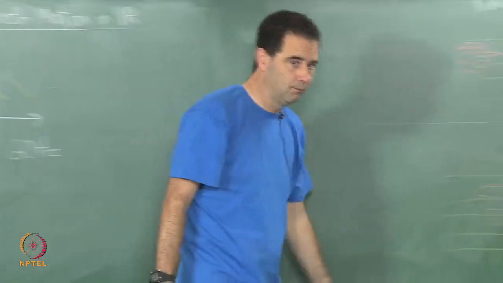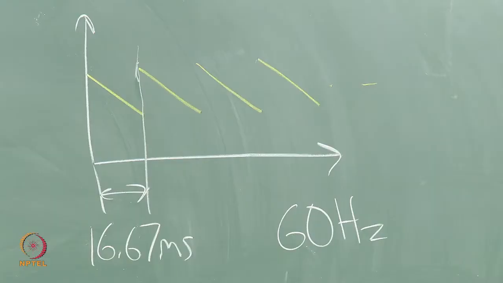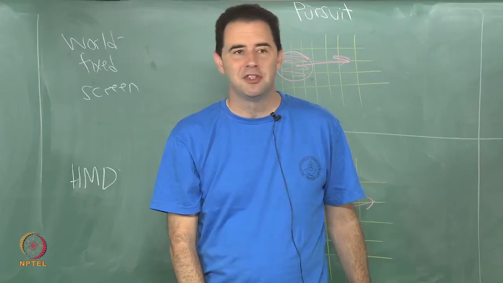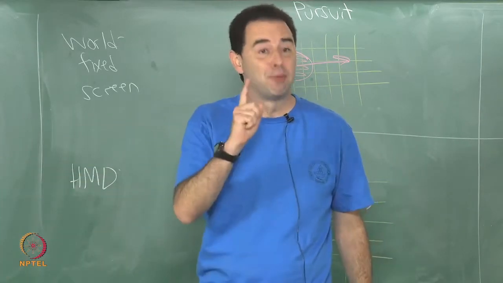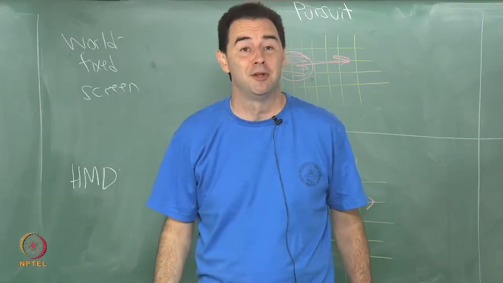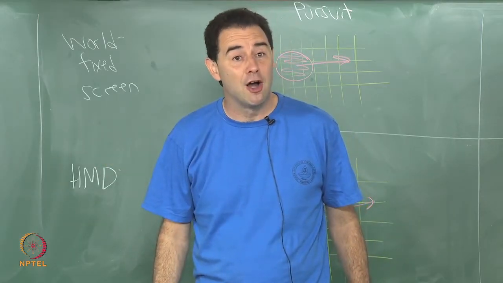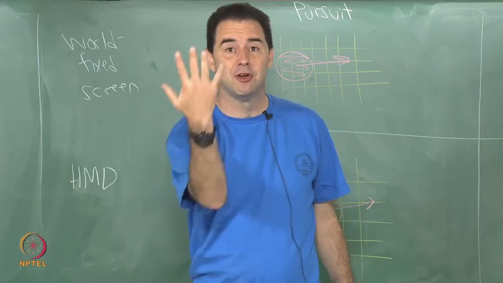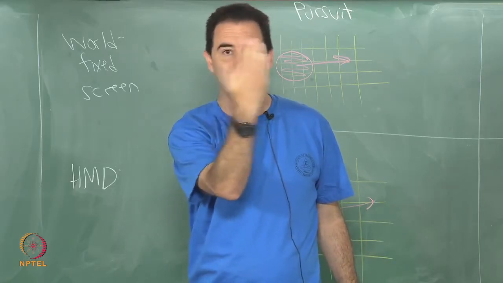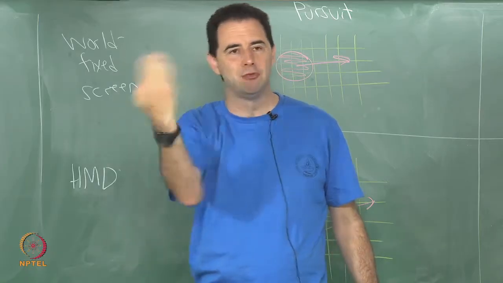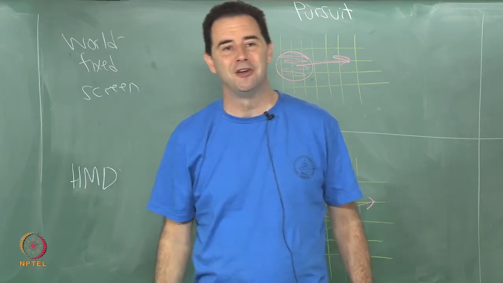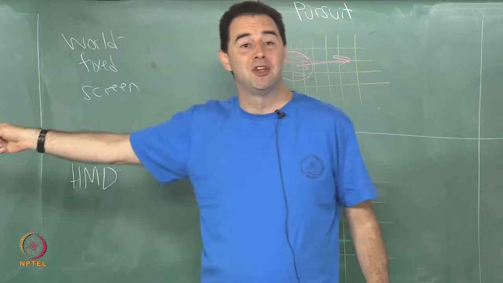Does that make sense why that's happening? Because if the image is frozen and my head's turning, it's not supposed to stay the same image for 16.67 milliseconds. So your brain will perceive that object as moving a little bit. That will cause an object that's supposed to be stationary to seem like it's going back and forth like this. It'll gradually move across and then jump, and then gradually move across and then jump. That's what's happening on your retina when it's supposed to be stationary.